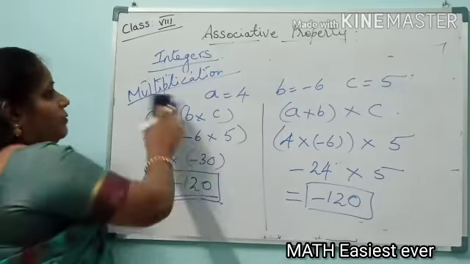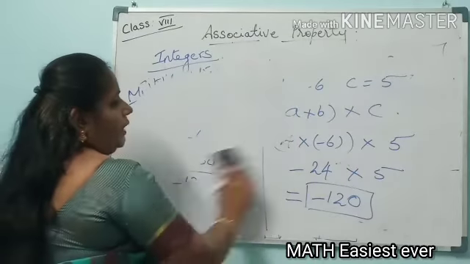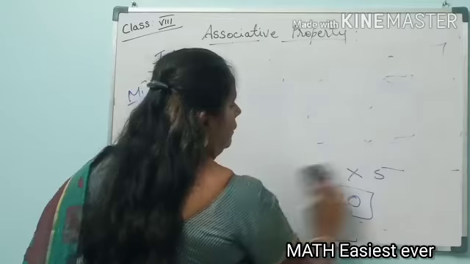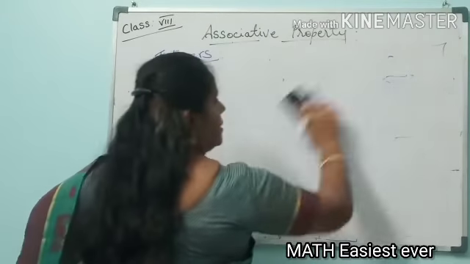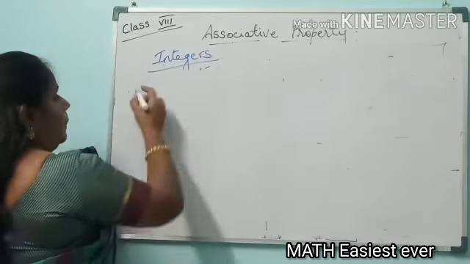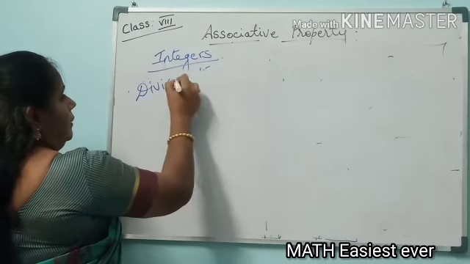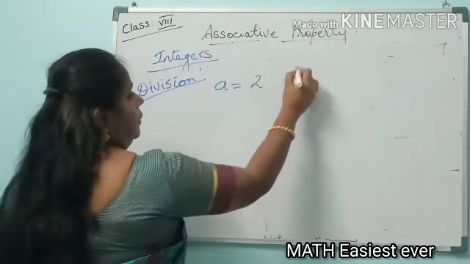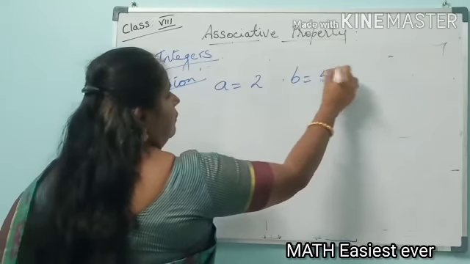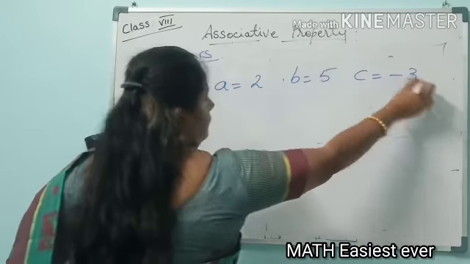Right? Next, we'll go for division. Under division for integers, let's take any three integers and we'll do it. A is 2, B is 5 and C is minus 3.